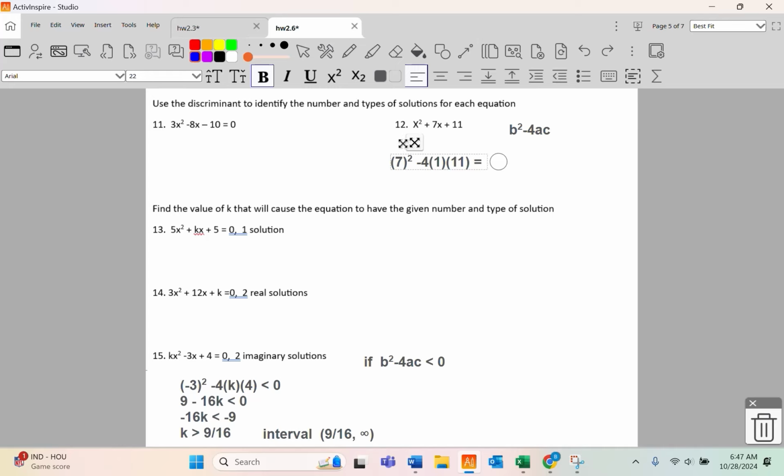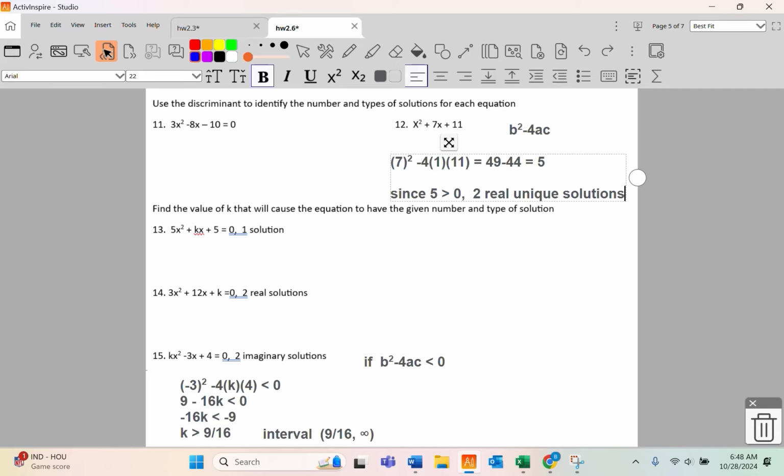I'd have 49 minus 44, which is 5. Now, since the discriminant value is 5, and 5 is greater than 0, I have 2 real, unique solutions. They are real and they are different.